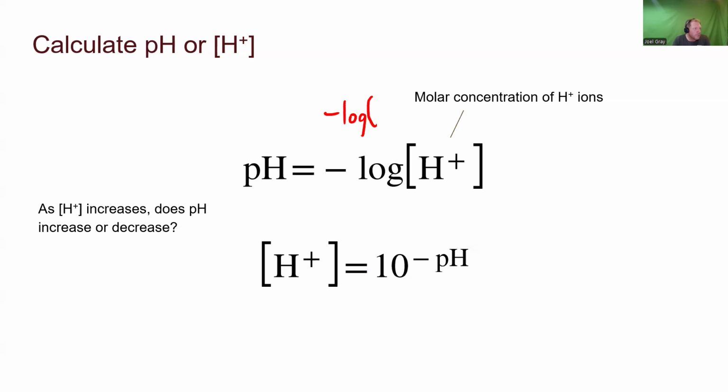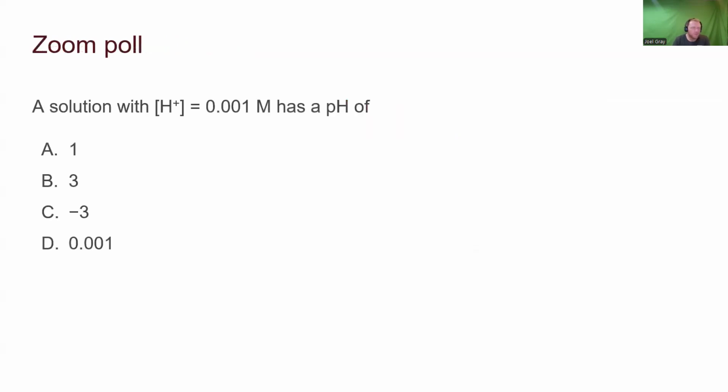And the good thing is that this is on a log scale. We can use something like this. So when we look at this specific example, a solution with a hydrogen ion concentration of 0.001 molar has a pH of.